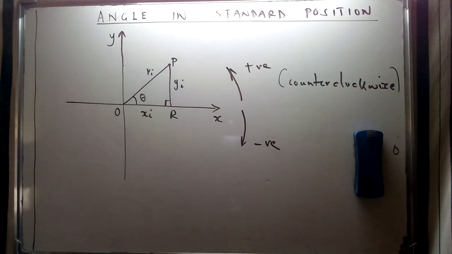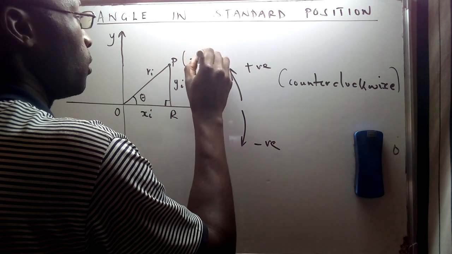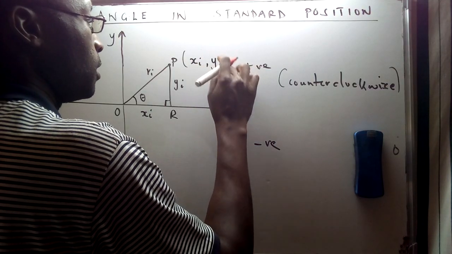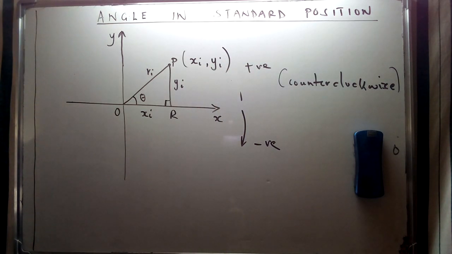These are going to assist us in defining the various trigonometric ratios that we have mentioned in some of our videos. For the point P, I can give its coordinates in terms of the stretch in x and y, so we can describe that point as the coordinate xi, yi, in that order.